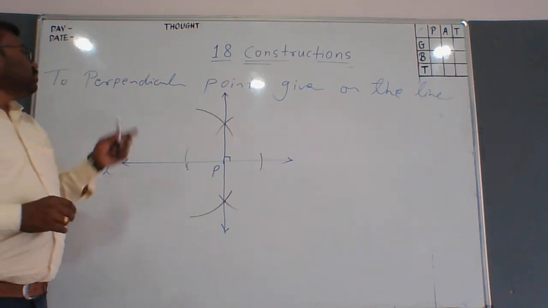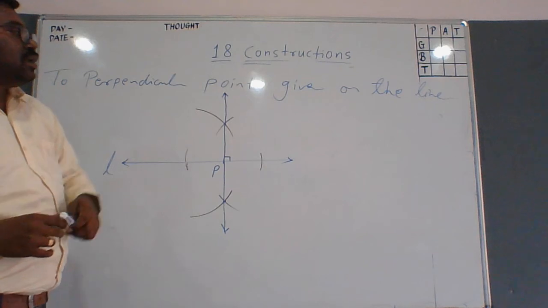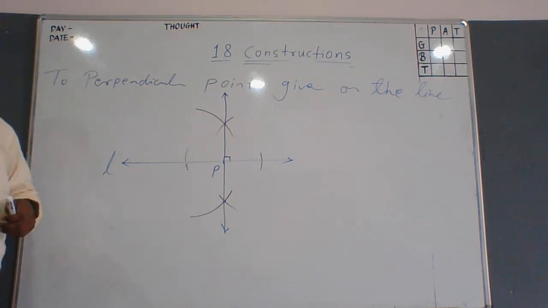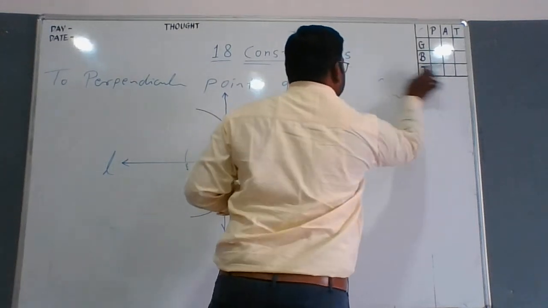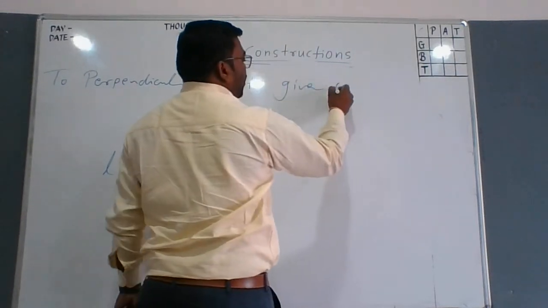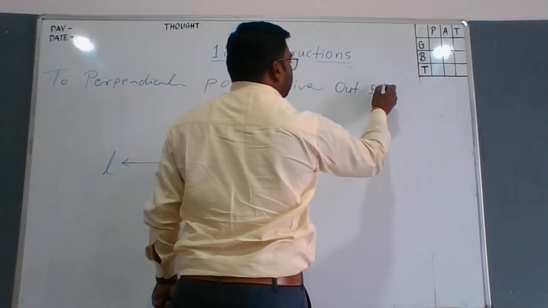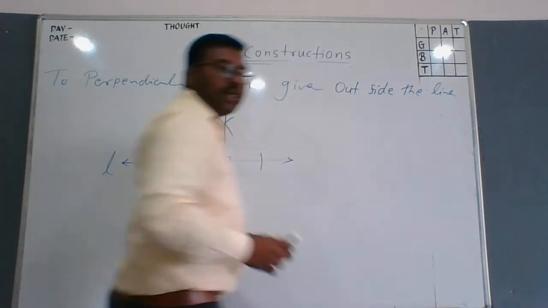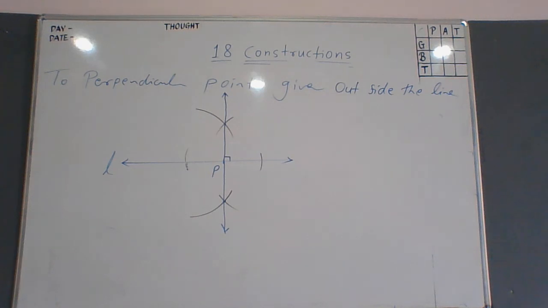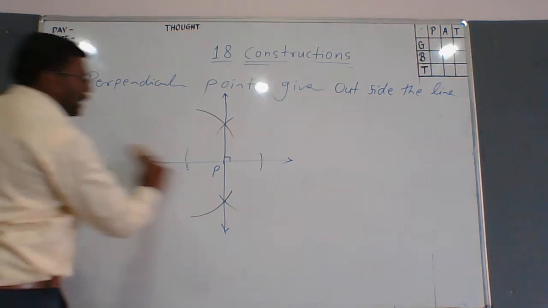Then to draw a perpendicular when the point is given outside the line. Next construction is when the point is given outside the line. See how to do the construction for it. For this, the point P was given on the line.